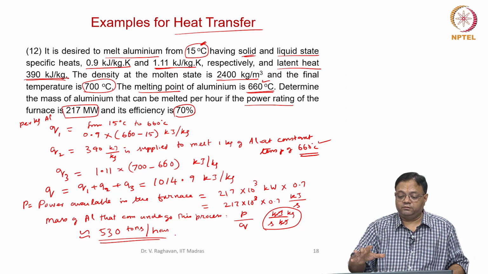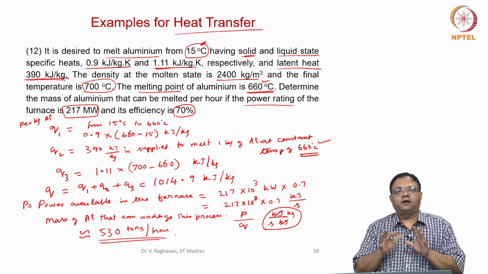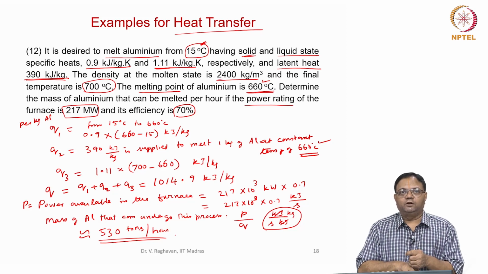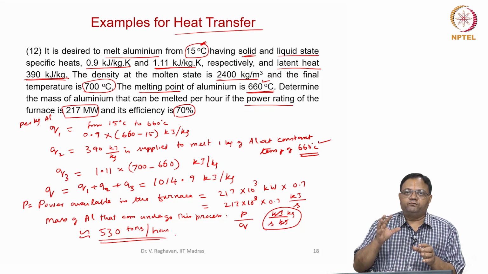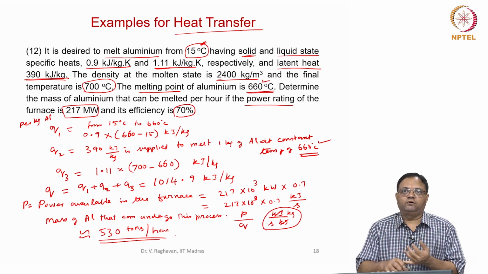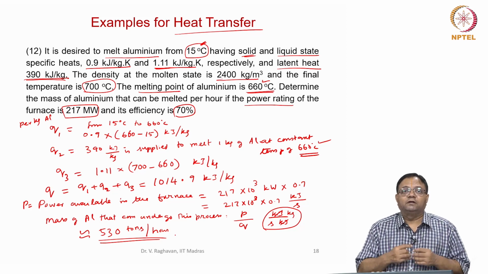So in this case you can see that in any heat transfer problem, we are trying to calculate the heat required. There are two types of heat supply. First one is sensible heat. If the component is in the same phase, like liquid phase or solid phase, or even gas phase, and I add heat, that is what is called sensible heat.